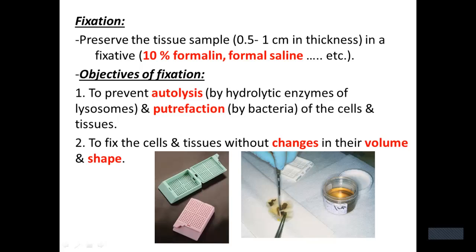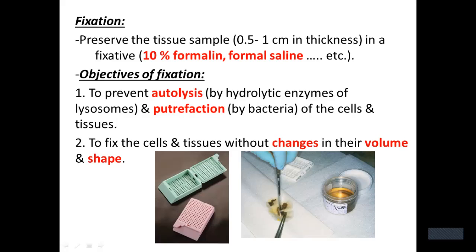So the hardening effect of the fixative allows easy manipulation and handling. Some tissue in the body is soft. For example, the fixation is very important for hardening and easing the manipulation of soft tissue, for example brain and intestine.